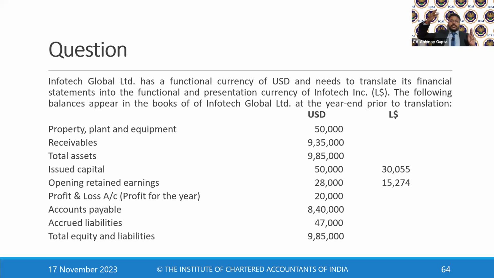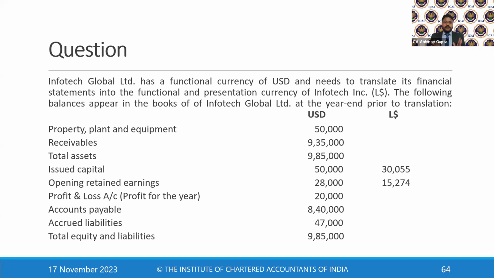So in order to prepare CFS, consolidated financial statements at the level of the group, the parent company would need the financial statements of the foreign operation duly converted into the functional currency of the parent company, right? So in that case, there would be a translation of the foreign operation's financial statements into the functional currency of the parent so that they are fit for consolidation, right? So these are the two scenarios under which translation of the financial statements needs to be done.